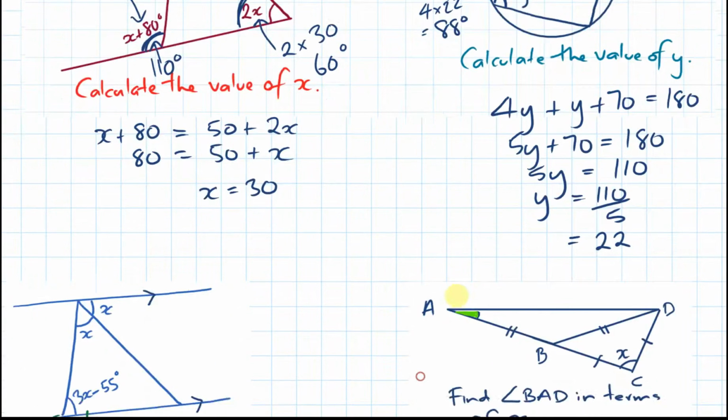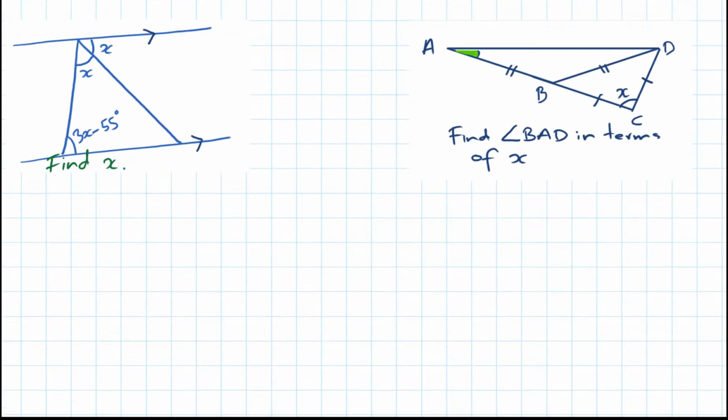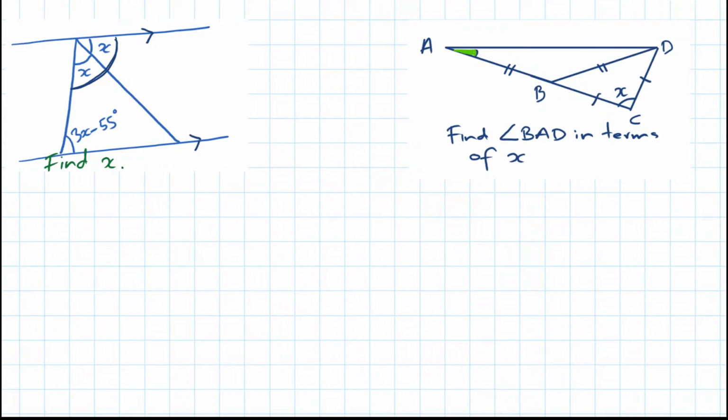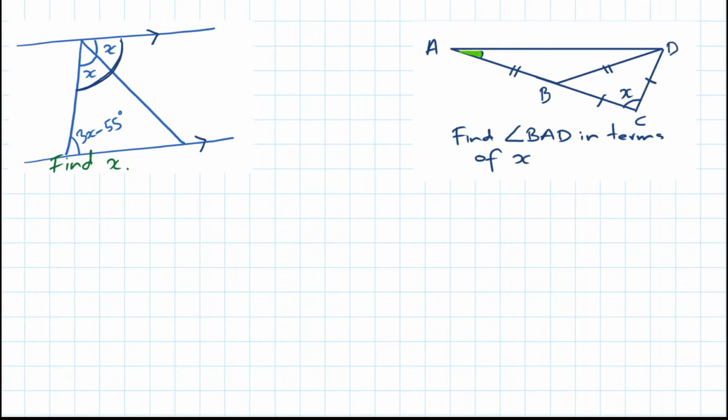Moving on. Two more examples. The one on the left here, we need to find out what x is. We've got a couple of parallel lines here. So we can say that this angle here, which I'm going to call 2x, or x plus x, plus this one equals 180, and that's due to co-interior angles on parallel lines.